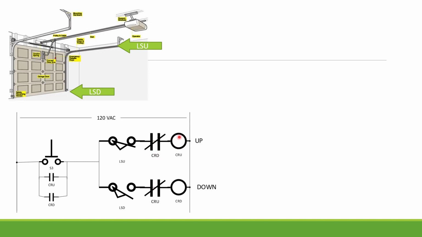And just like this coil causes these contacts to close, it also causes these contacts to open because these are drawn as normally closed. That means when this is energized, the contacts change state and become open, which is going to block any current that ever could come this way for it to go down while the door is going up.